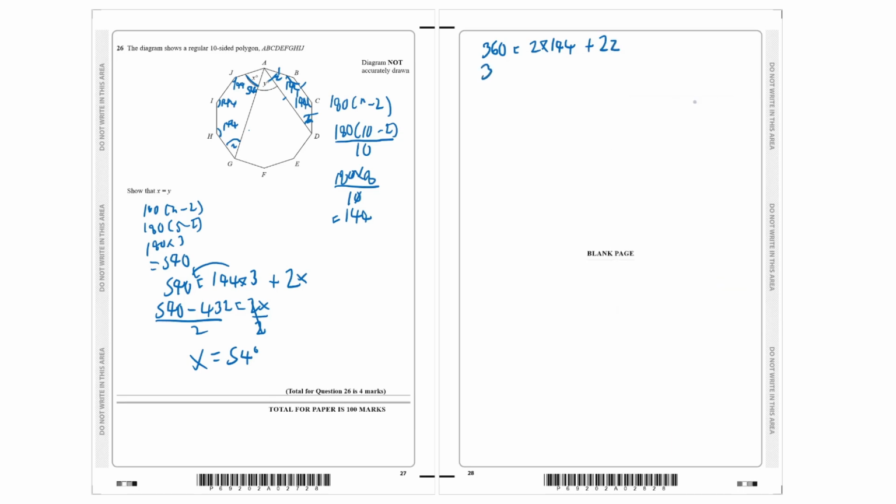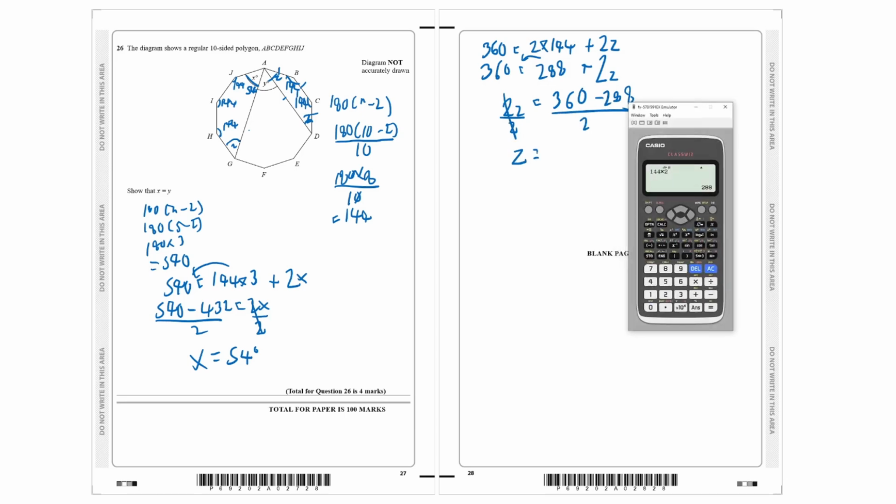So this is 360 is equal to 288 plus 2z. We can then bring 288 to the other side. So we have 2z is equivalent to 360 minus 288. Divide both sides by 2 to find out what z is. So we can then find this out to be 360 minus 288, then divide by 2 gives us 36.